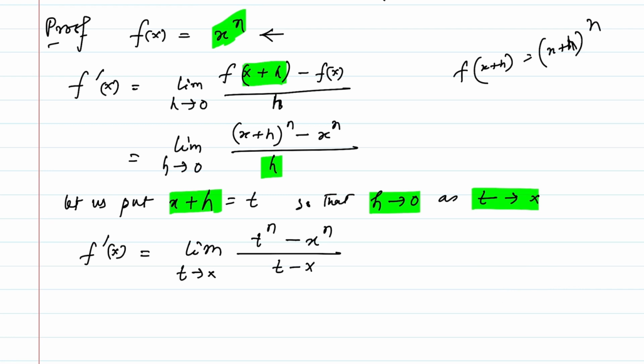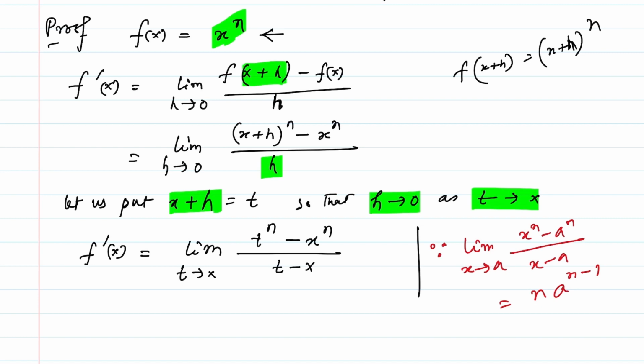Now here we have got a standard limit. We have already discussed limits: the limit as x tends to a of x to the power n minus a to the power n divided by x minus a is equal to n a to the power n minus 1.